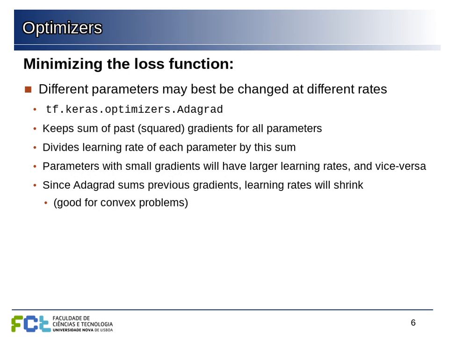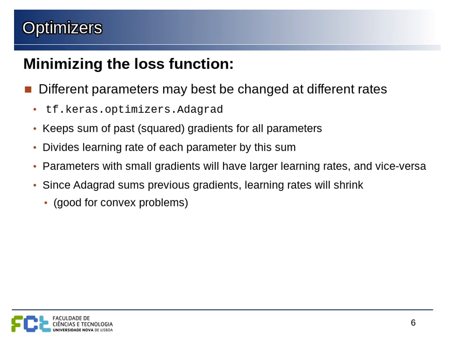AdaGrad tries to even this out by keeping a sum of the squares of the gradients in the past. So for each parameter, it keeps track of the sum of the square of the gradients for the whole training so far. And it divides the learning rate by this sum at each iteration.